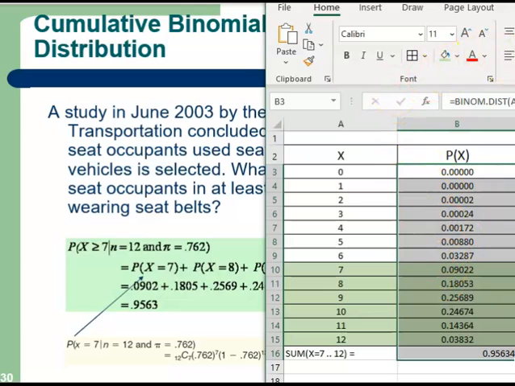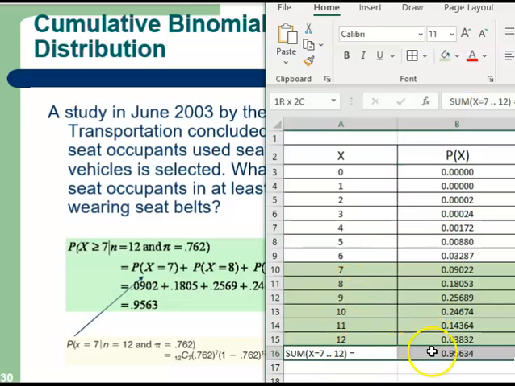Alright, so let's just put all in the center. So that's your sum.